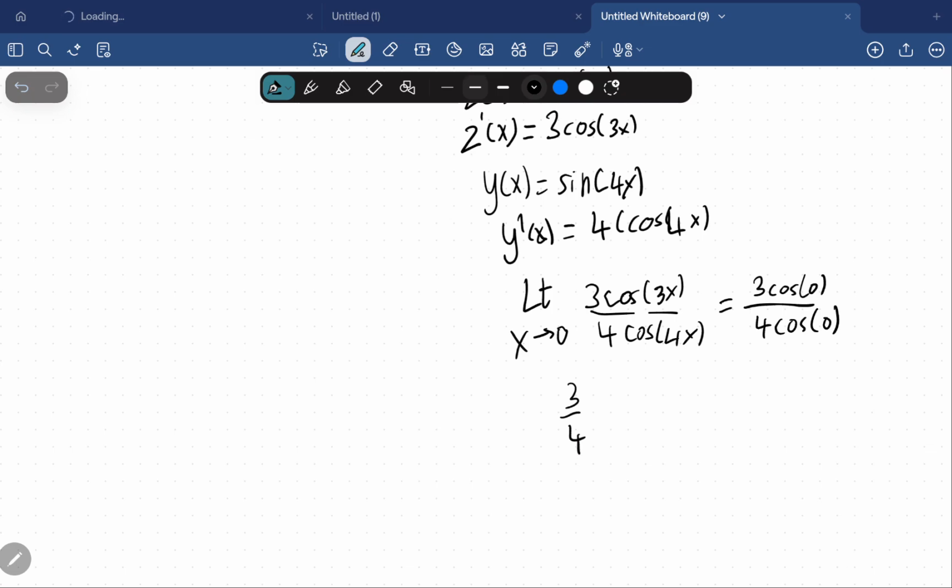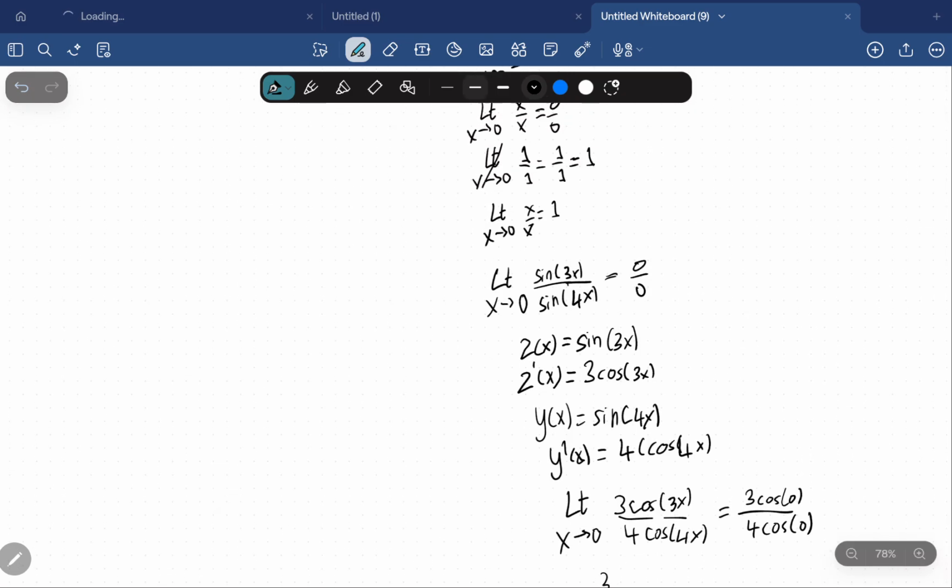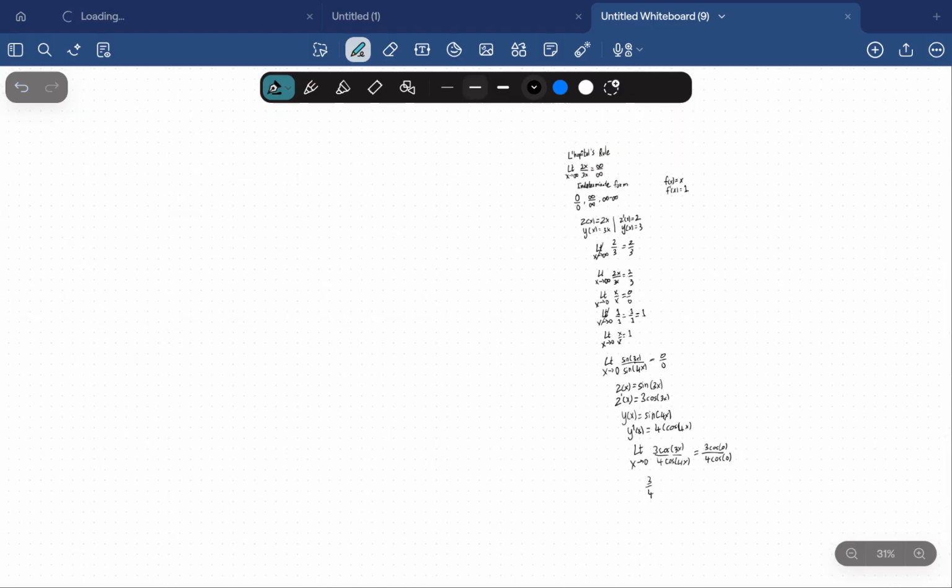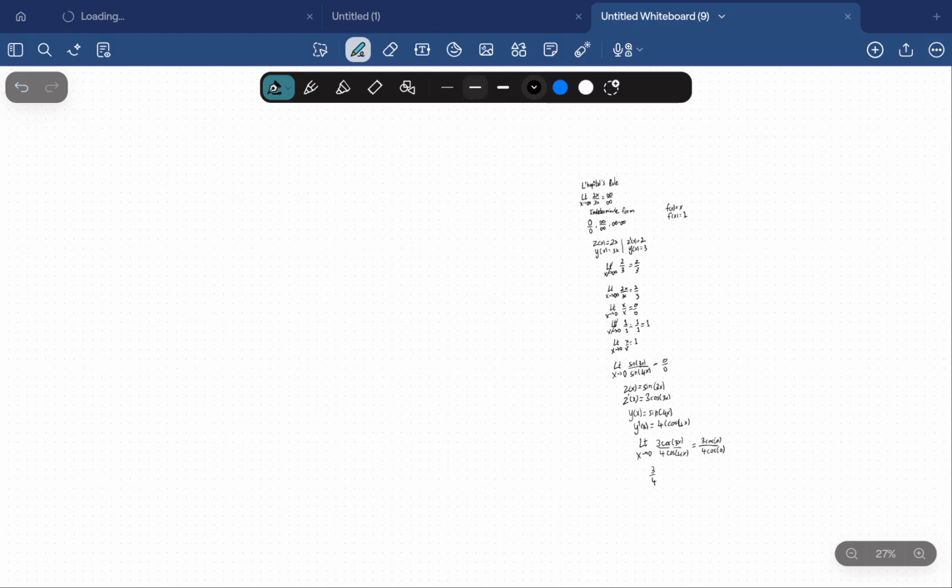I wanted to show you guys a little formula for anything in these forms. This doesn't really apply to L'Hopital's rule.